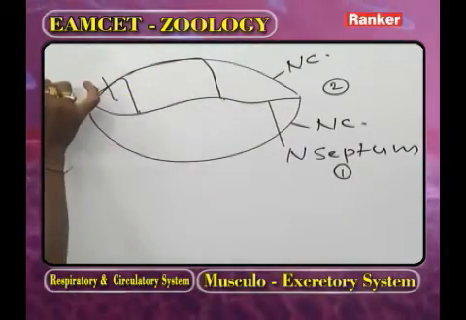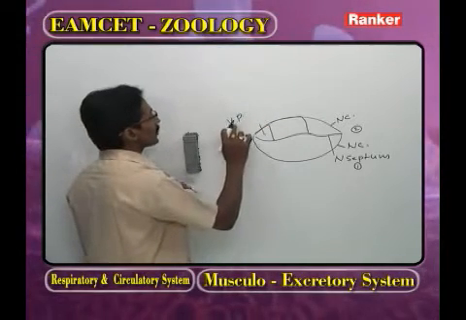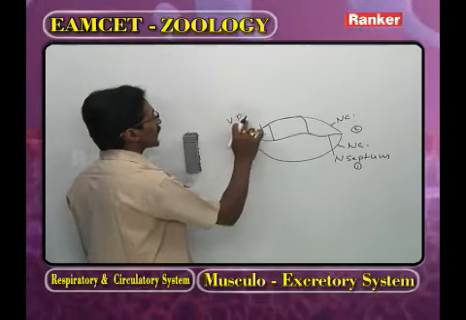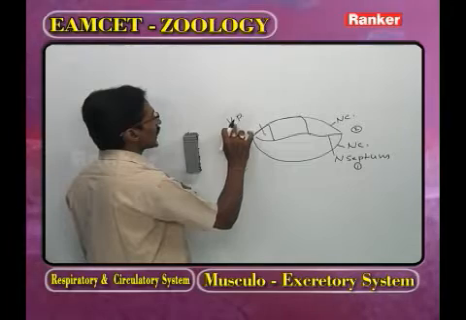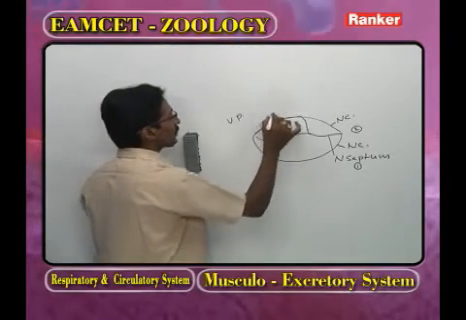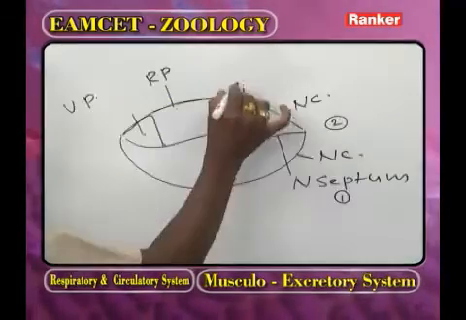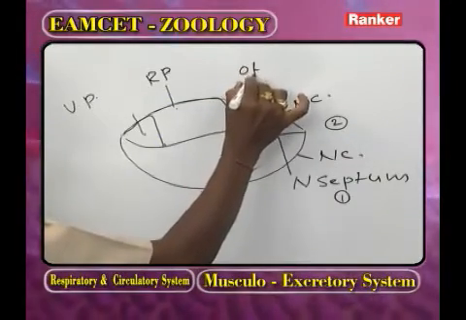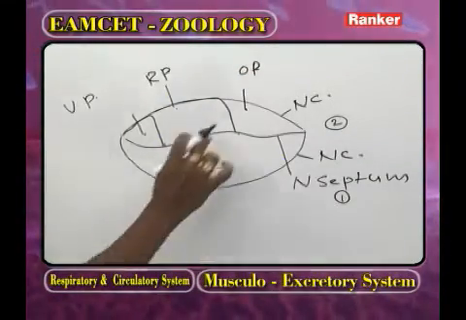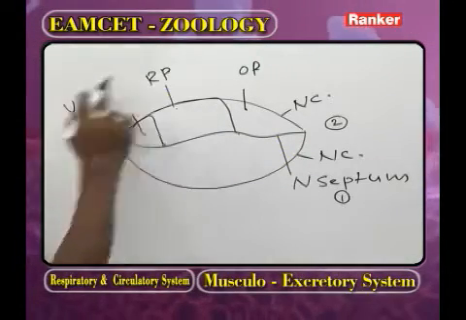Now each nasal chamber divides into 3 parts. This is called vestibular part. Students, we know very well the name of the parts, so I am writing in short words. This is vestibular part, this is respiratory part, this is olfactory part. In these 3 parts, which is the largest?